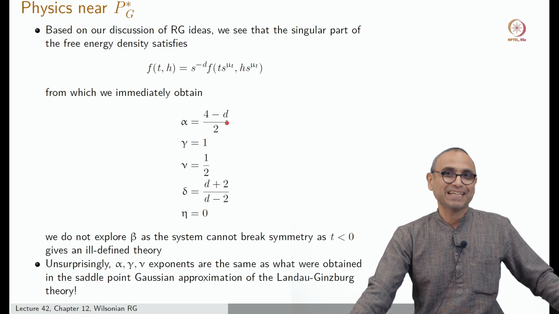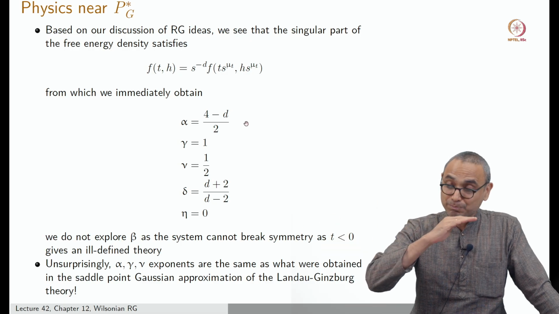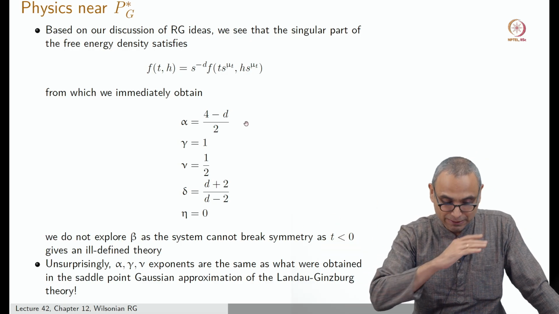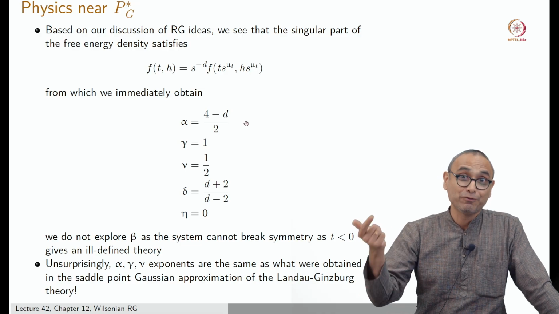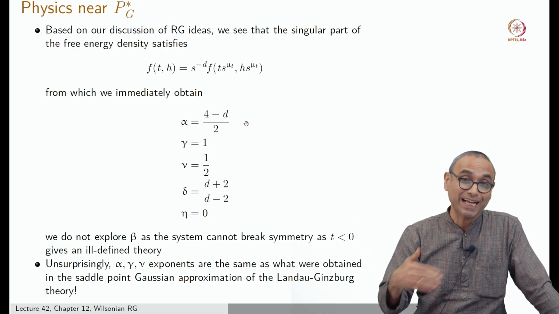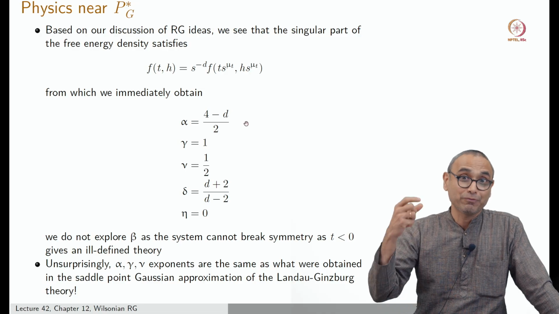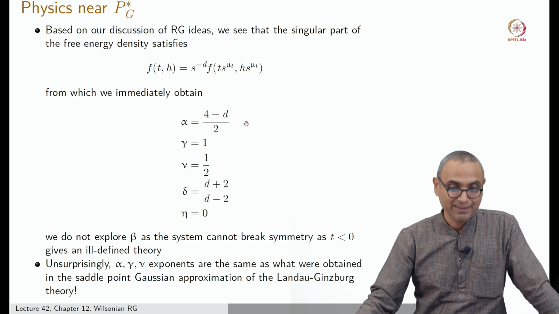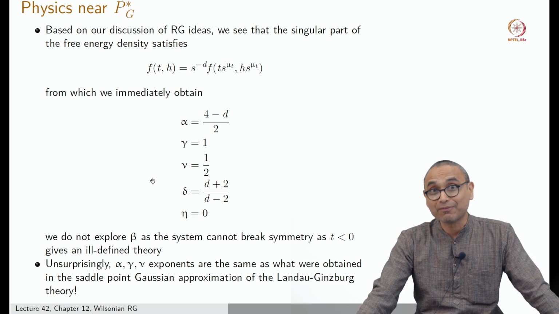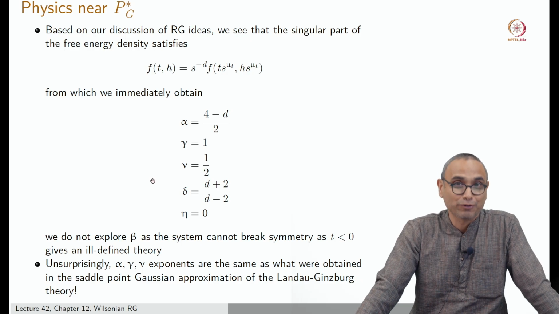Now you can see that whatever explicit calculations we did to get alpha, gamma and nu, we are able to obtain without actually doing those calculations, but from very general arguments based on scale invariance about the Gaussian fixed point. So in a sense, we have recovered known results from the renormalization group.